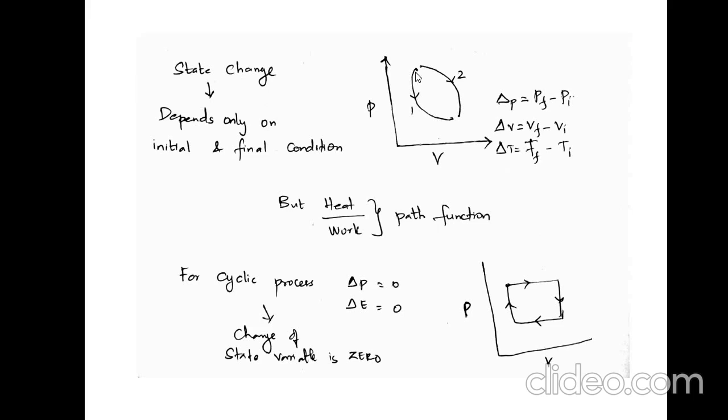The work for the first path and second path will not be equal, right? So it will depend upon the path. So those properties are called path properties or path functions, right? For a cyclic process, the change of energy will be equal to 0.